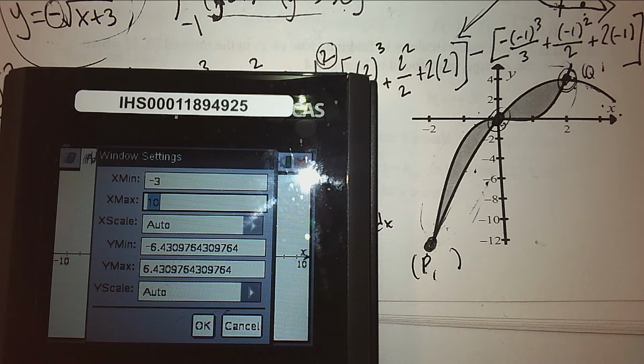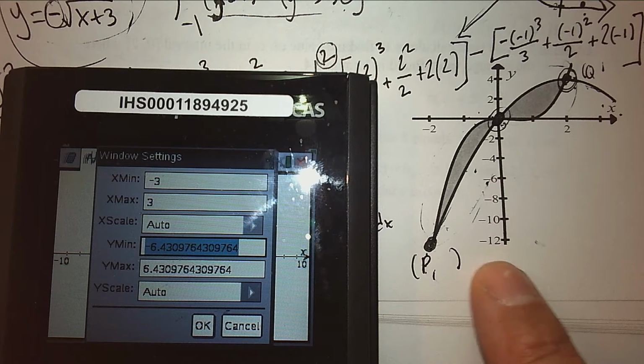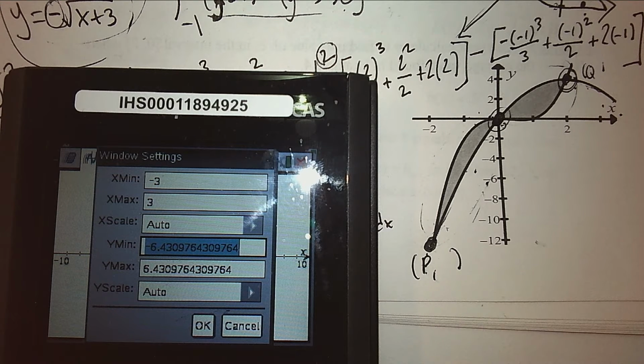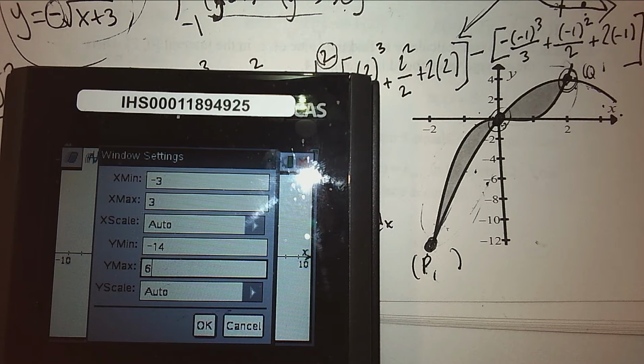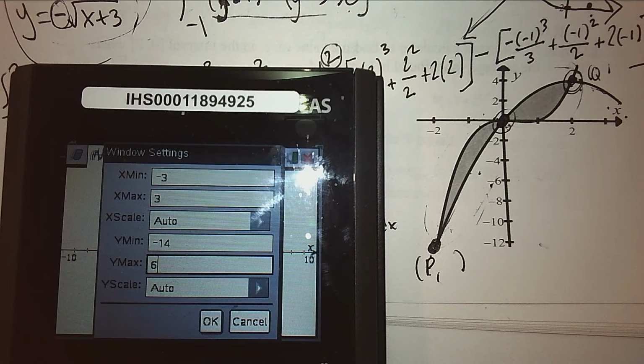The x max, I'd make +3. The y minimum goes down to -12, so 1 less than that. Go lower, like -14, more than what you need. And then the y max up here is at 4, so I'd go up to like 5 or 6. So you could change the window based on what you see there in the actual question, and then click on OK.